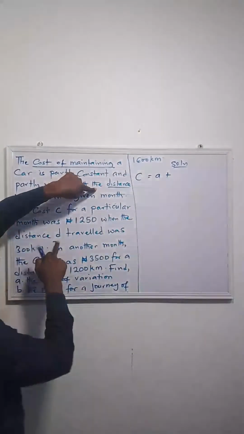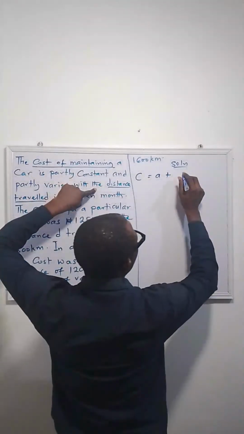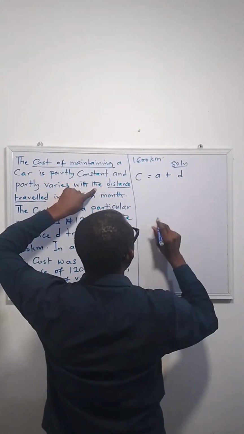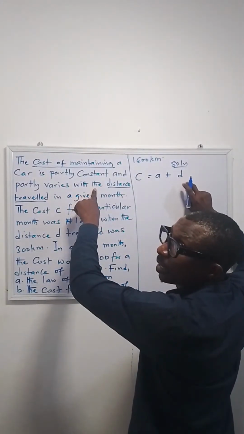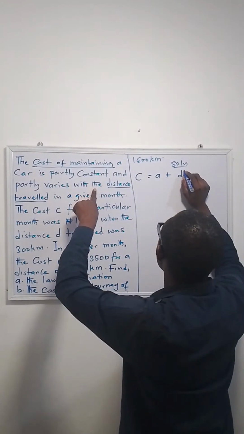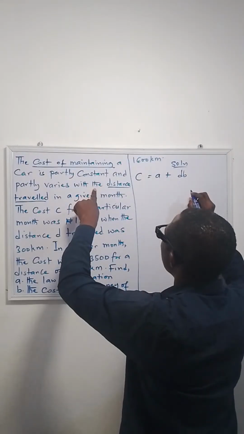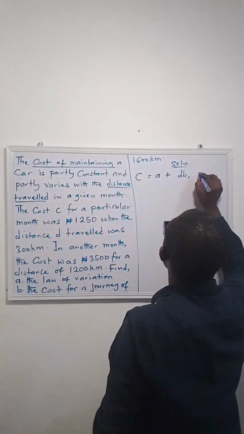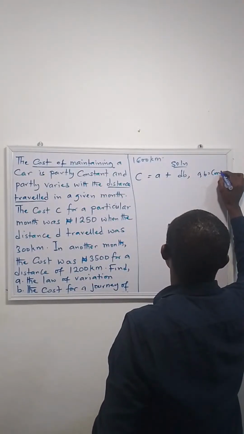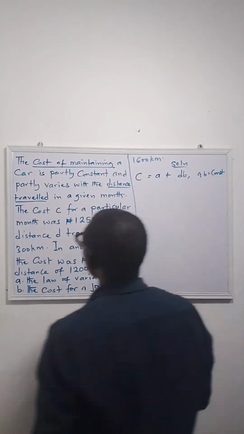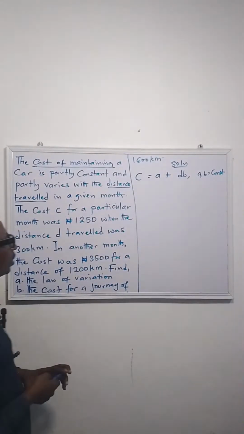And don't forget the distance is D here. So we need to introduce a constant here because this is a variable. So we have another constant here, b, where a, b are constants. They are both constants. All right, now let's move down here.